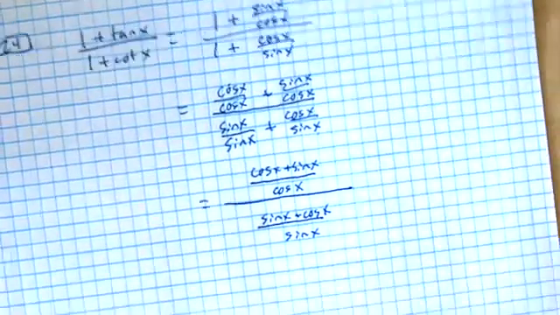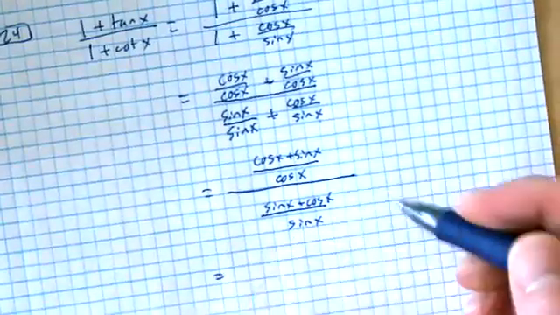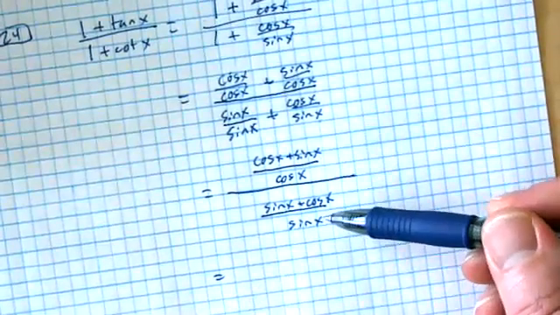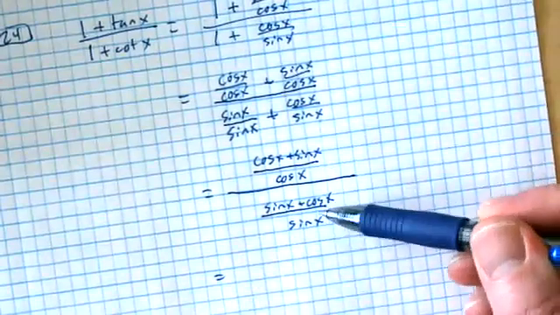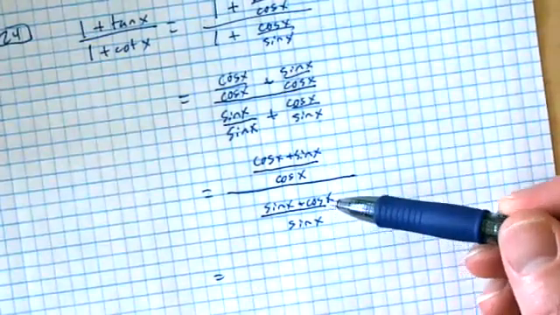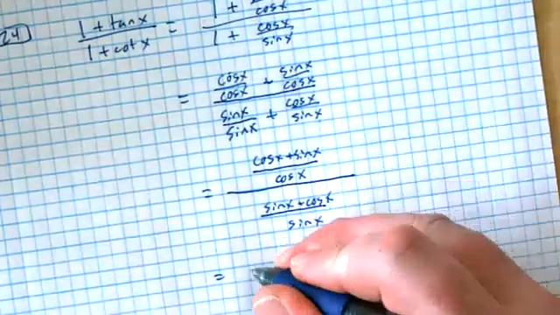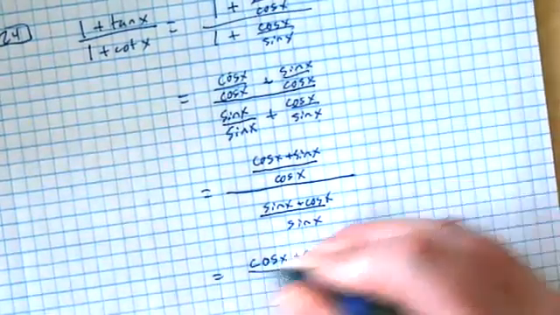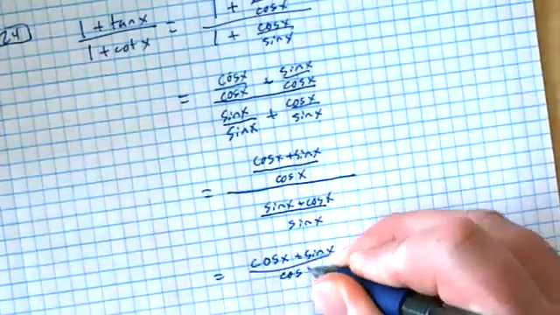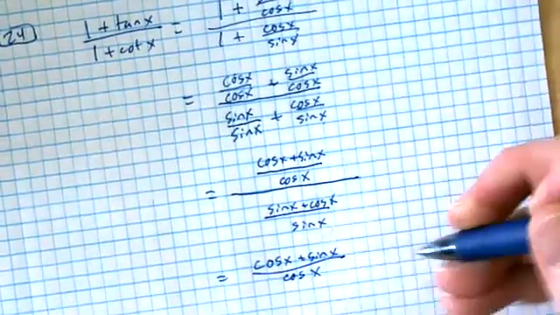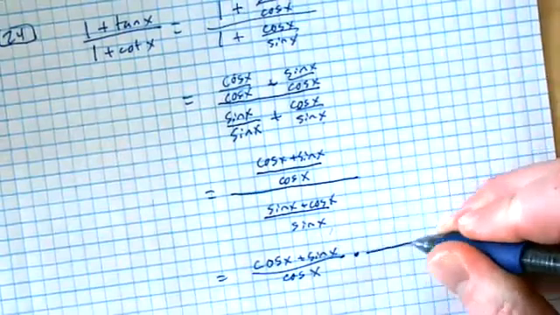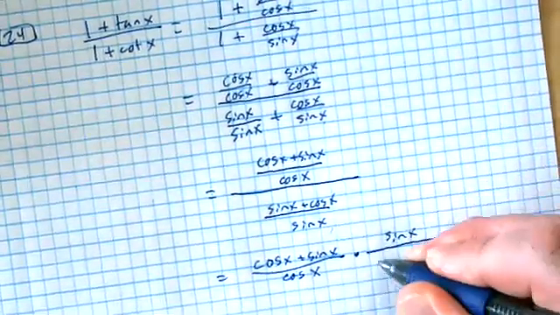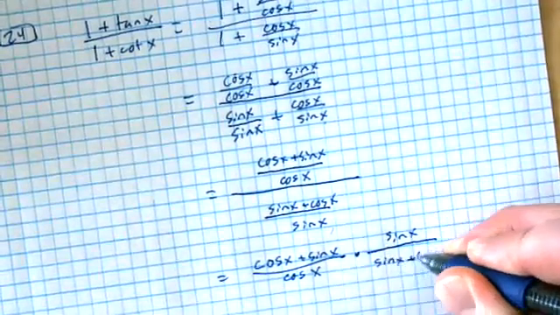And then for me, the key to finishing this off was to rewrite this kind of like I was telling you before. Instead of dividing by this fraction, let's turn it into this fraction multiplied by the reciprocal of this. So I'm going to keep that top fraction, but instead of dividing by this fraction, I will multiply by the reciprocal of that fraction, which is sine x over sine x plus cosine x.